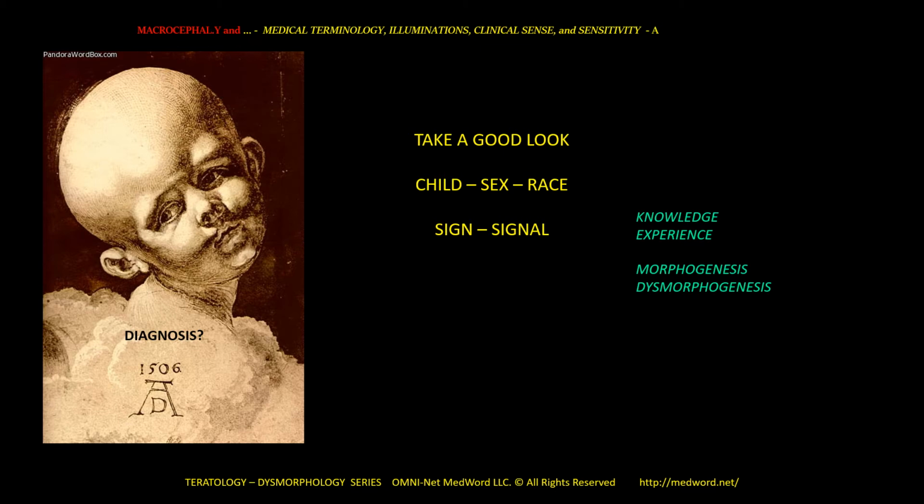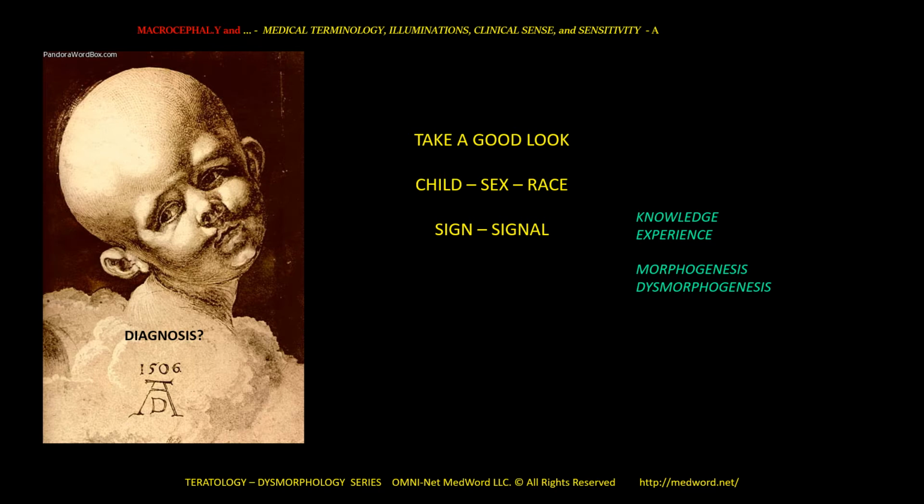Now, whatever you see, we can call it a sign. And whatever you see as a sign, you may think you know what it means. That is, your brain transforms the sign into a signal. This process depends on your knowledge and experience. Consider, how much experience do you have in seeing signs of morphogenesis?